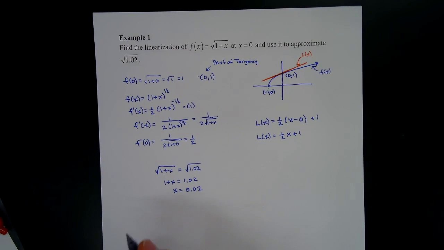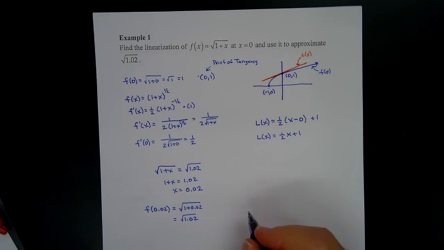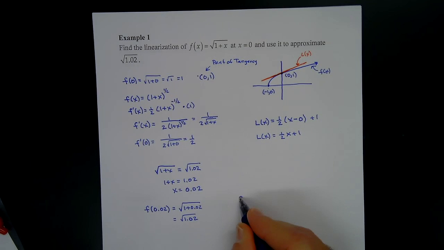Okay, so what this means is that f of 0.02 is equal to the square root of 1 plus 0.02, which is the square root of 1.02. So we're finding f of 0.02 to get the square root of 1.02. All right, using our linear approximation, we want to actually find f of 0.02.